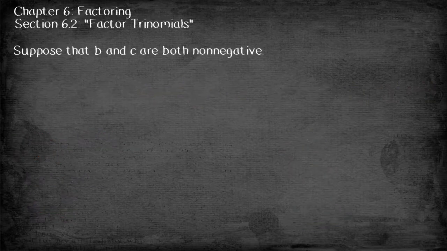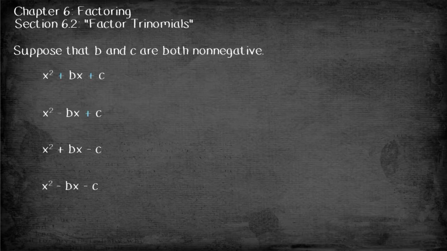So there is a number of different situations you can kind of run into. Basically, we're starting with polynomials that look like this. So if the signs in the trinomial are both addition, then your answer is going to look like x plus something times x plus something, right?